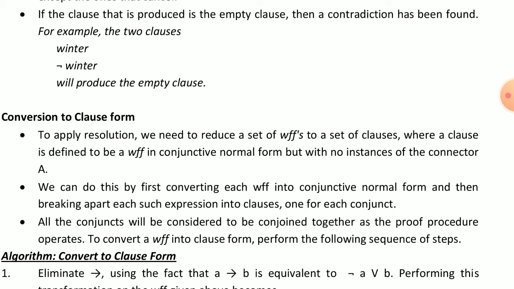We need to reduce a set of WFFs, means well formed formulas, to a set of clauses, where a clause is defined to be a WFF in conjunctive normal form but with no instance of the connector AND. Disjunctive means OR operation. So OR operation is used in a well formed formula, and we can find out the different set of clauses, and then we can reduce the procedure.